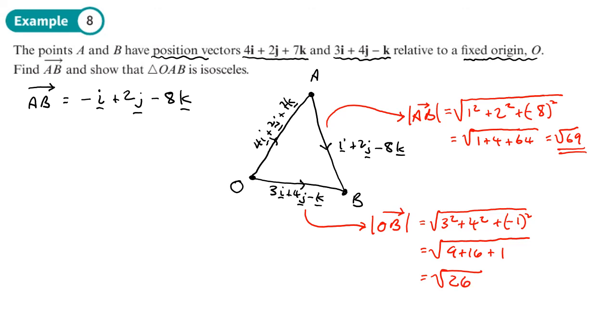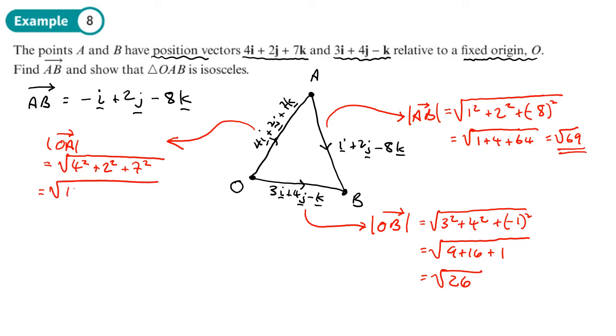Okay, so that doesn't prove it's isosceles yet until we've done the third side. And this will be the length of OA, and that will be 4 squared plus 2 squared plus 7 squared. So that's going to be 16 plus 4, which is 20, 20 plus 49. There we go. So root 69. So what can we say?